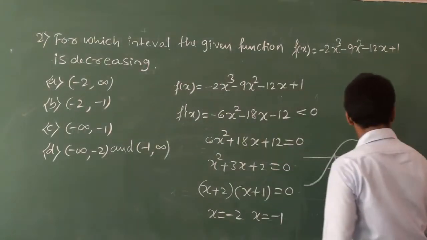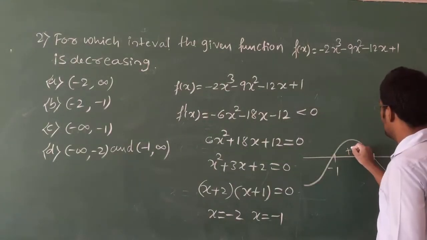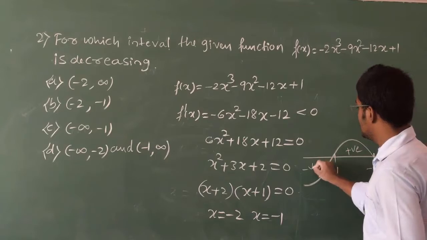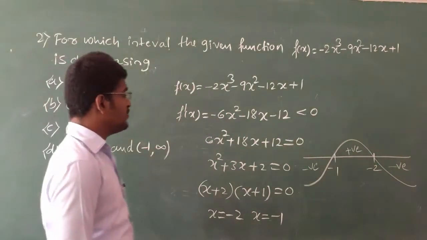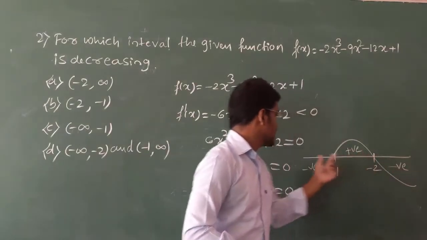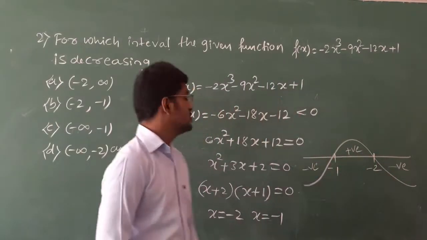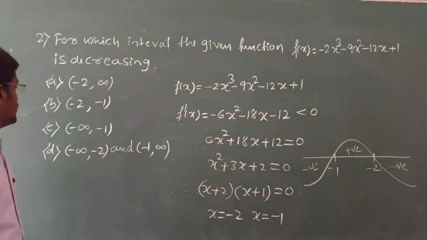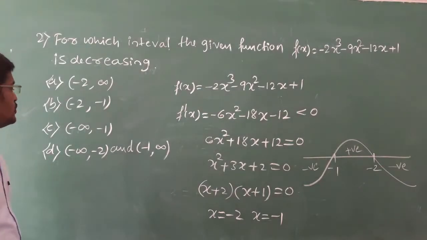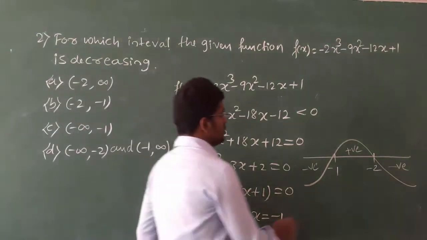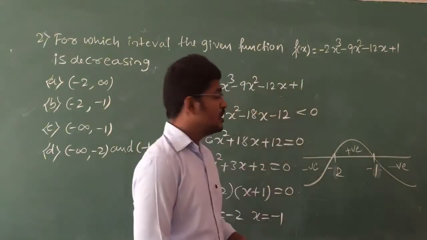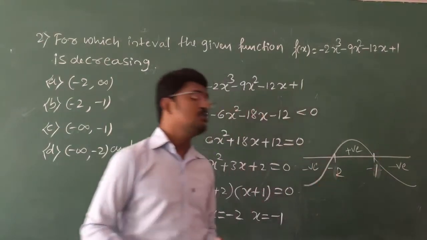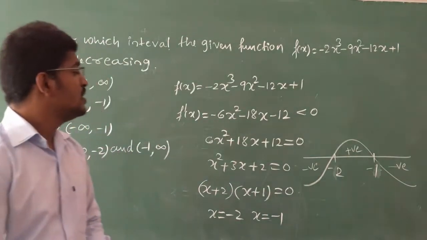So here it is negative, positive, negative. That means it is negative in two intervals. Sorry, if you arrange in the increasing order, it will be minus 2 and minus 1.